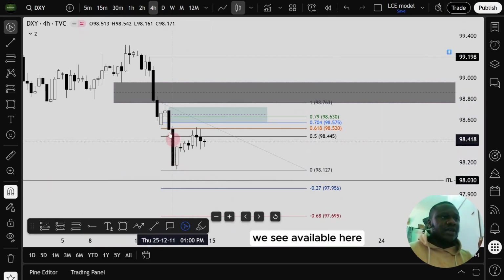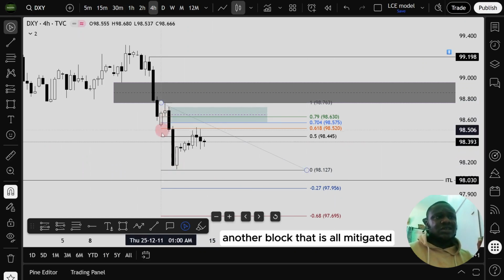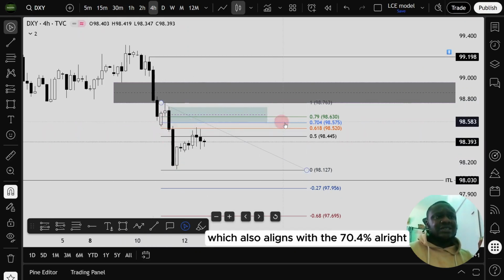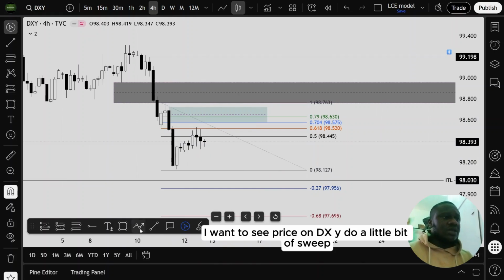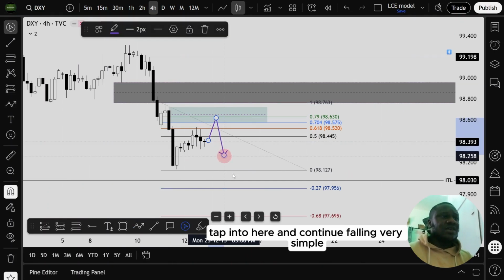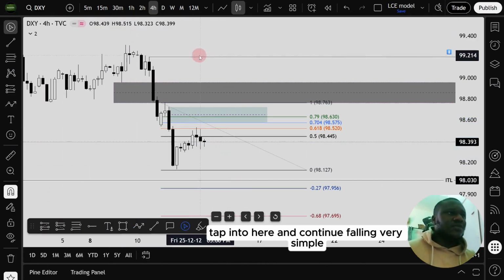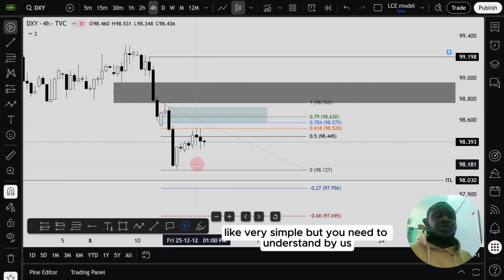We see available here another block that is unmitigated, which also aligns with the 70.4%. All right, it aligns therein. And if that's the case, I want to see price on DXY do a little bit of sweep, tap into here and continue falling. Very simple, but you need to understand bias.